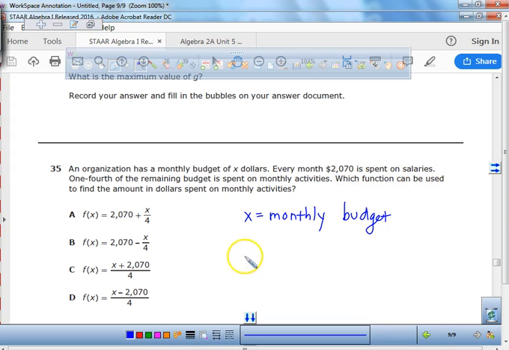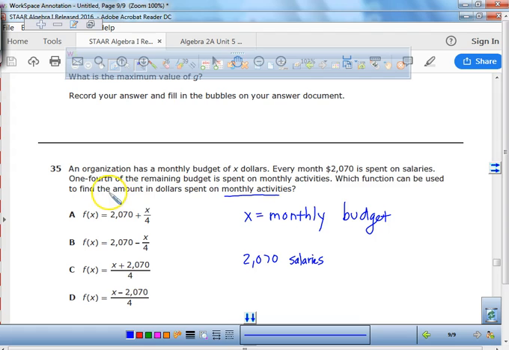Okay, so we got 2,070 is spent on salaries. 1/4 of the remaining budget is spent on monthly activities.